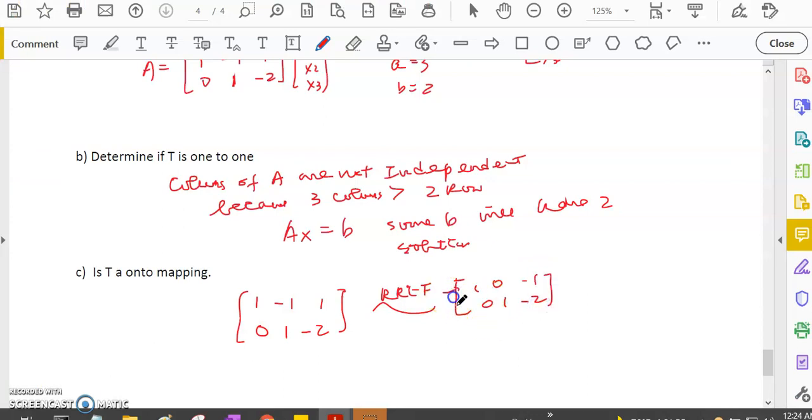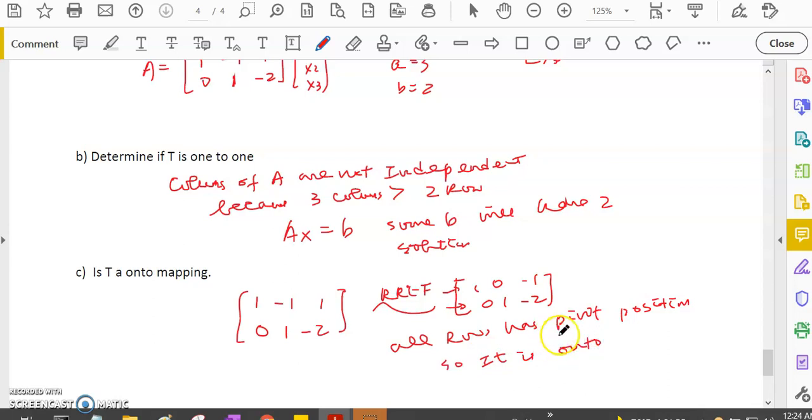That means there's a pivot in every row, so all rows have pivot positions. So you must be able to generate the whole thing. So it is onto.